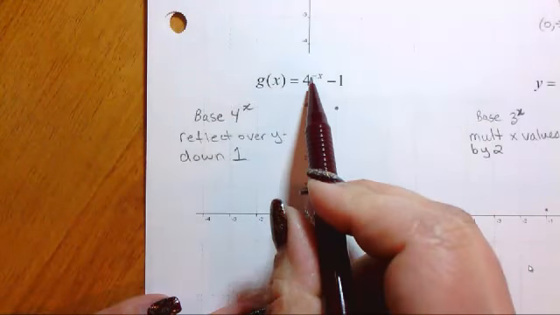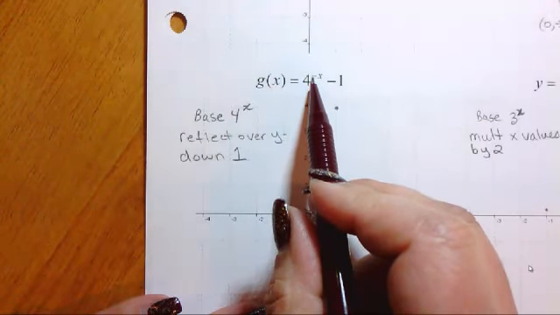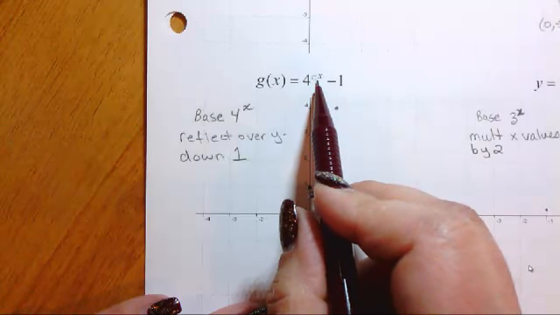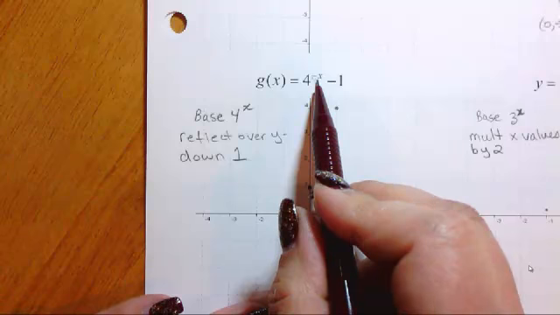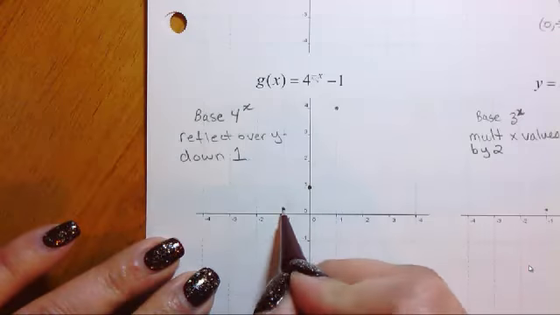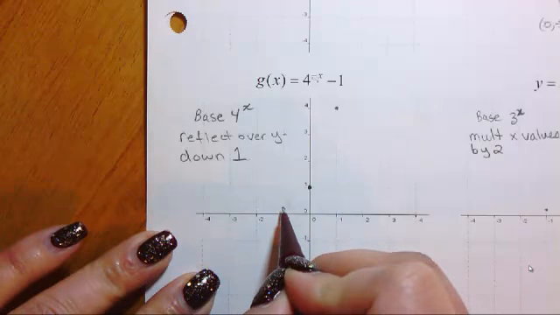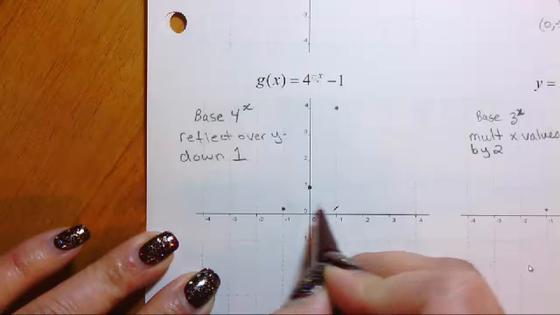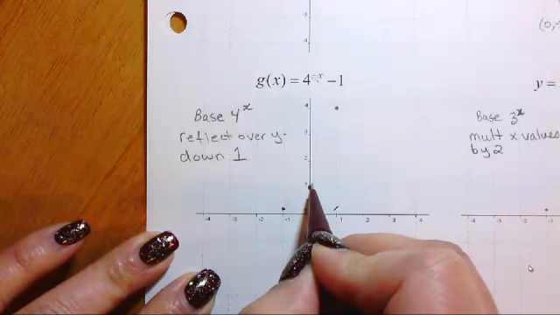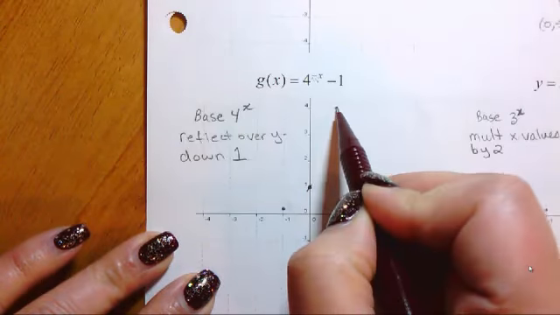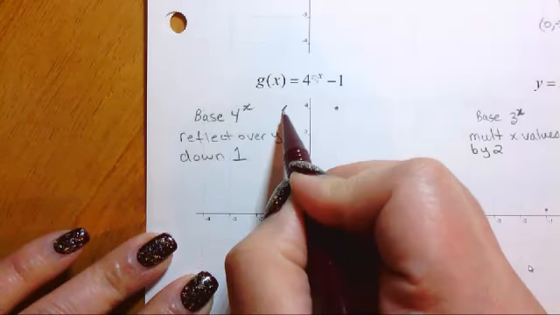Now, this negative on this exponent forces me to reflect over the y-axis. So that means that I'm going to take this point and it's going to reflect over the y-axis. So it's going to go right here. This point stays as is. And this point is going to reflect over the y-axis. So it's right here.